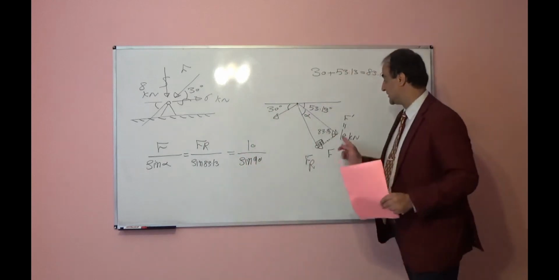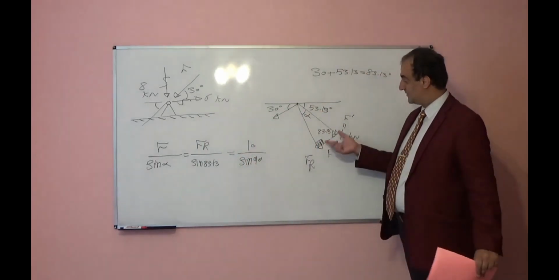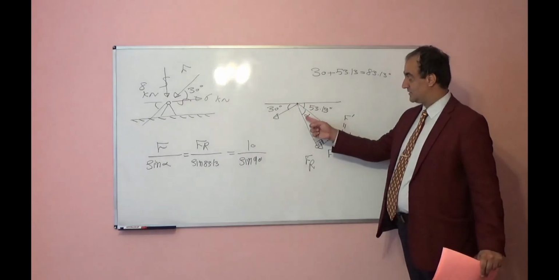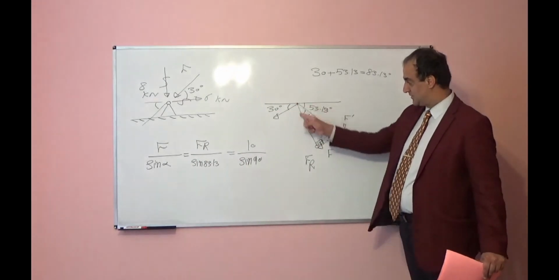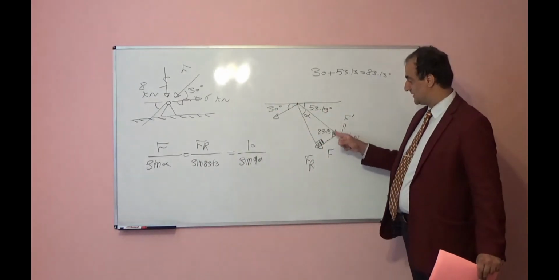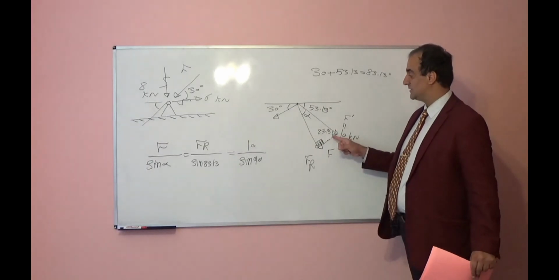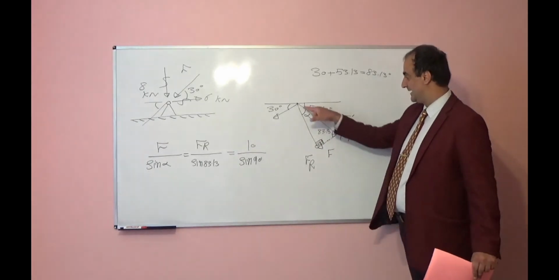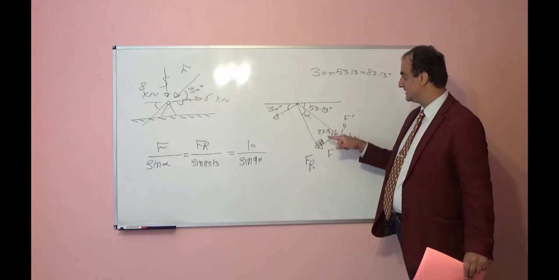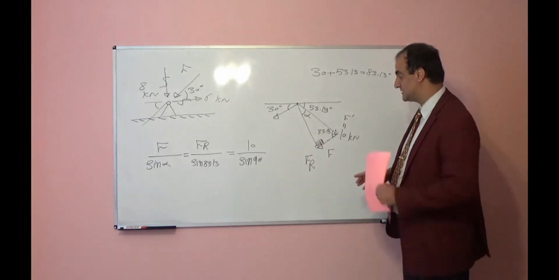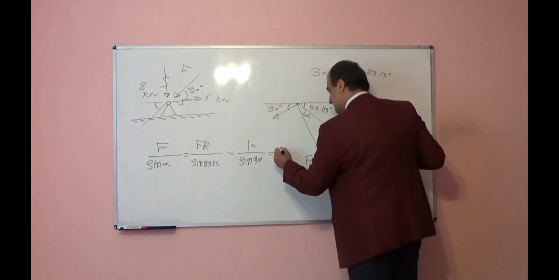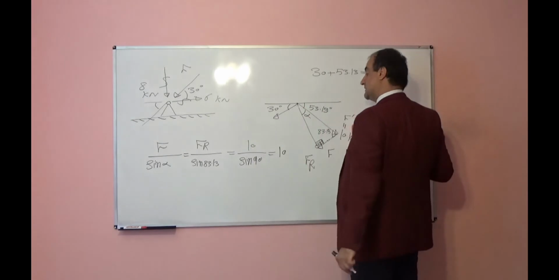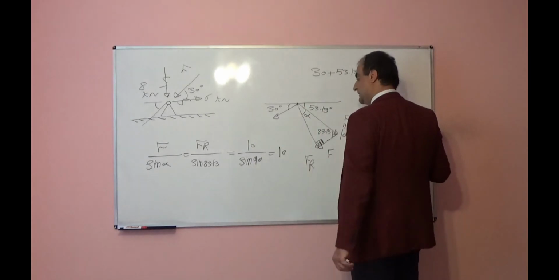Look at this triangle: this length is 10, divided by sine 90. Sine 90 is 1, so this will be 10.